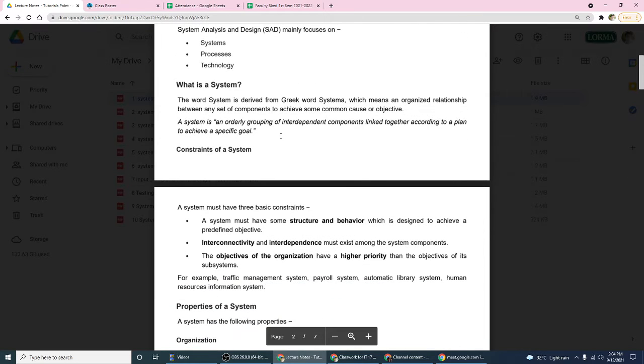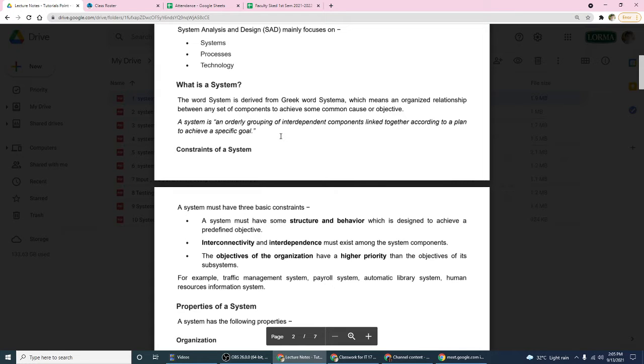So what is a system? The word system is derived from the Greek word systema, which means an organized relationship between any set of components to achieve some common cause or objectives. The system is an orderly grouping of interdependent components linked together according to a plan to achieve a specific goal.